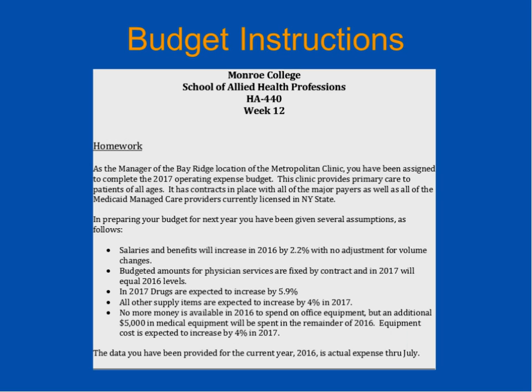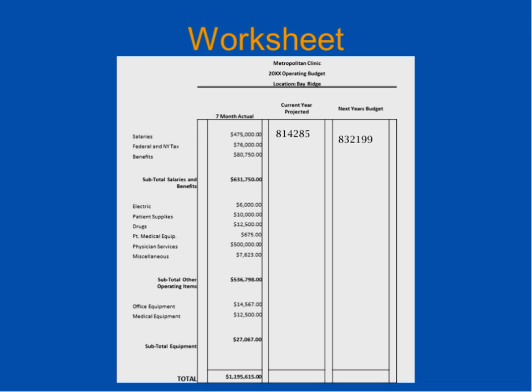And then we're going to look at the budget instructions, and for each item we're going to apply the changes that are described in the budget instructions to the number that we calculate for the current year projection. So it's the current year projection times the inflation factor from the instruction sheet gives you the next year's budget. All right. In a nutshell, that's what you're being asked to do in this assignment.